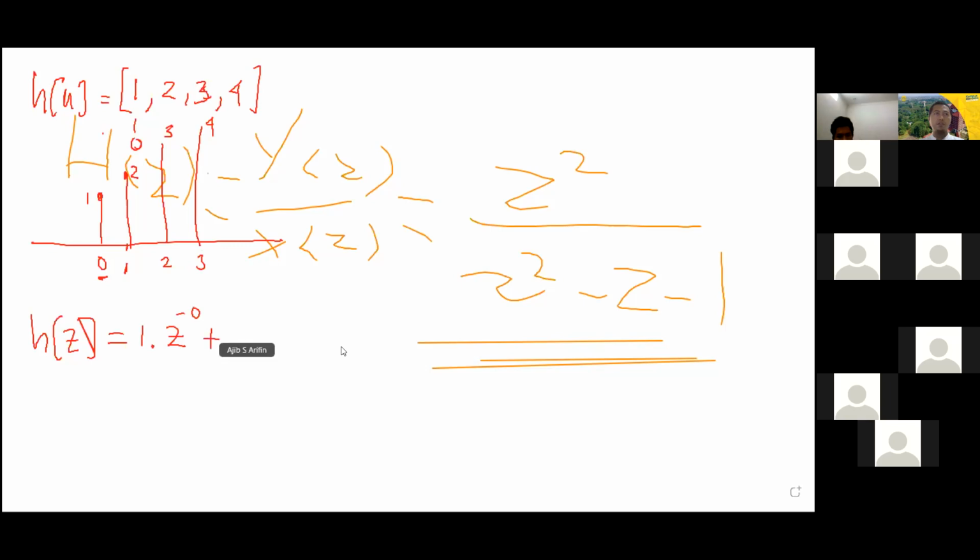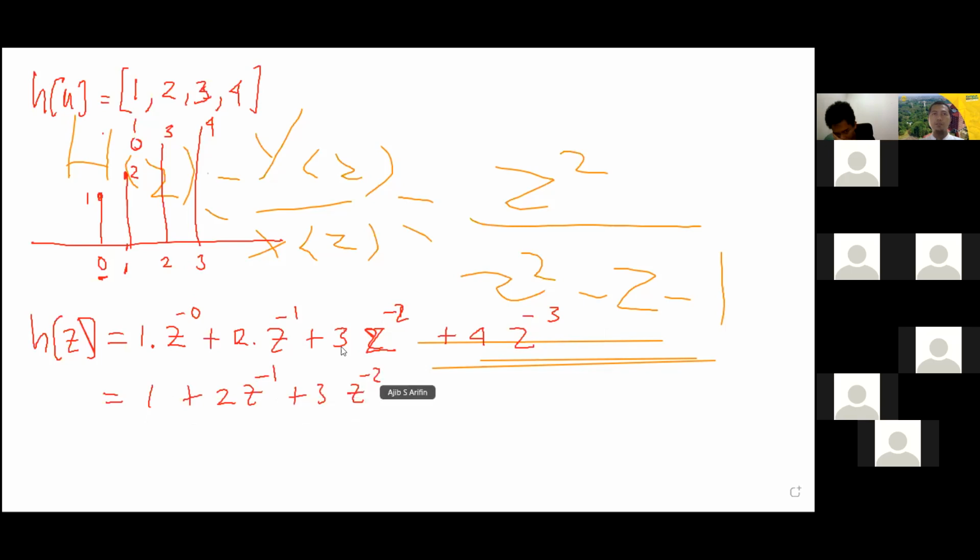And then 2 multiplied by Z to the power of minus 1, plus 3 times Z to the power of minus 2, plus 4 Z to the power of minus 3. Yeah, it's very simple. This is 1 and this is 2Z minus 1, and then 3Z minus 2 plus 4Z minus 3. That's all.